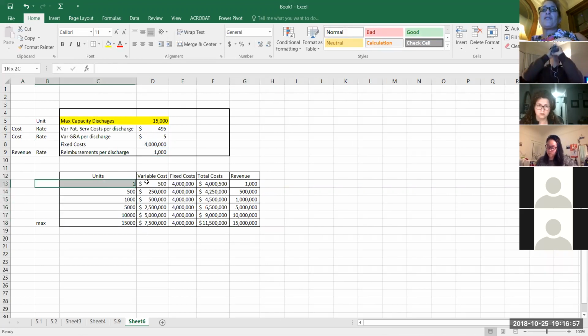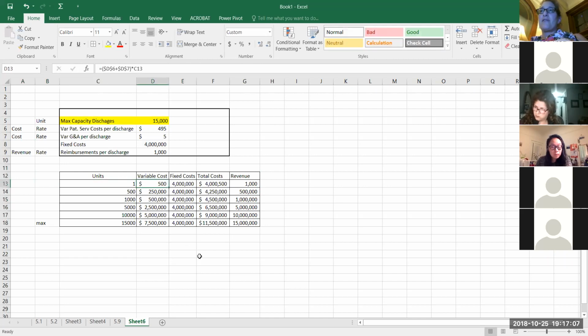The first scenario shows only 1 unit of discharge. And it shows what that unit of discharge costs, which is the $500 per unit, and the fixed cost of $4 million for the 1 unit. So essentially the total cost is $4,500,000, and we get $1,000 in revenue.